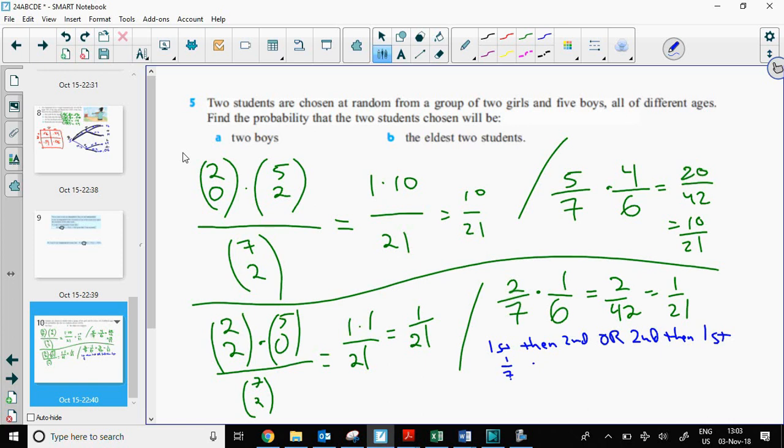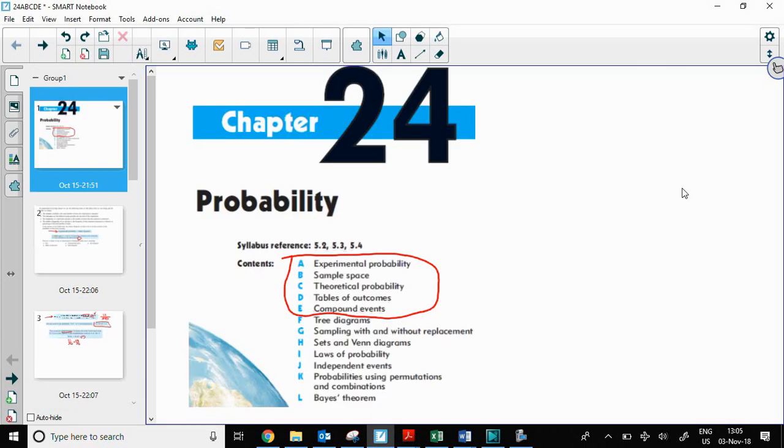Then when I choose the second one, there's still only one who's the second oldest out of 6 remaining in the group. What I get there, I'm going to add to the or. There's only one who's the second oldest in the group, if I were to choose them first, times there's still only one who's the first oldest out of the 6 who are left. So we have 1 out of 42 plus 1 out of 42, giving us 1 out of 21. So that's the end of this one.